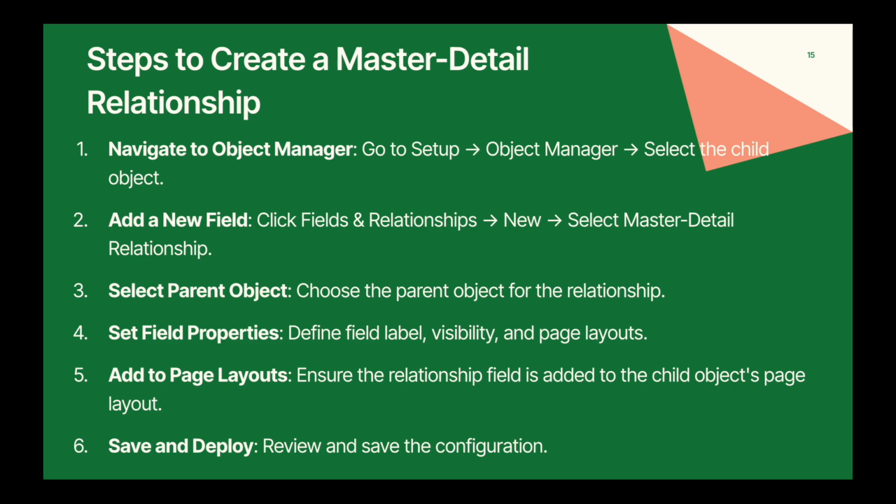It will give you a drop down to select the parent object. Then you can select the field properties, like its label, its visibility, and which page layout it should be on if we have multiple page layouts for a child object. Then you can add it to the page layout, and then save and deploy.